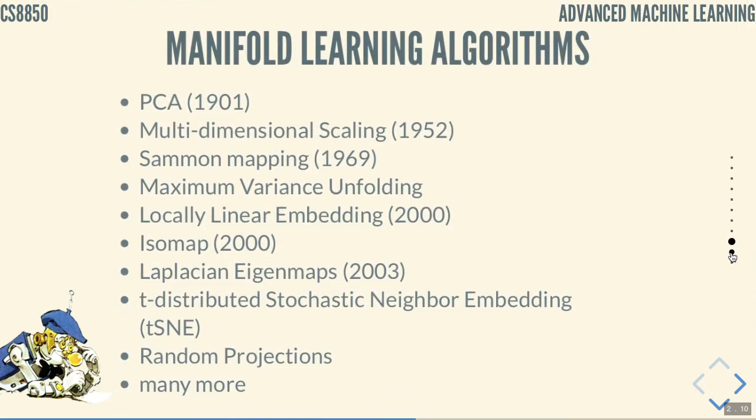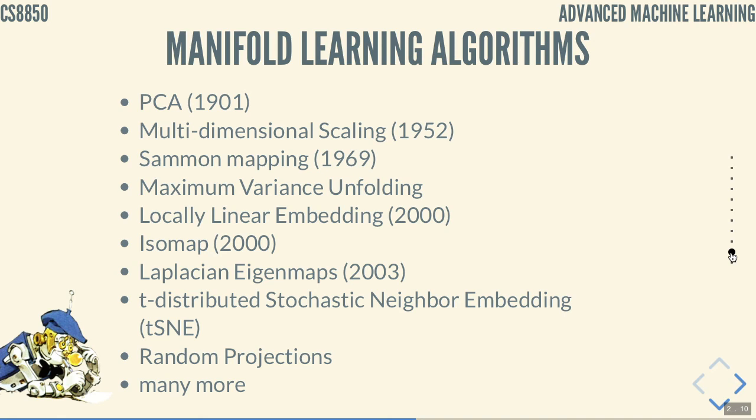There are lots and lots of algorithms for manifold learning. PCA is one of the simplest algorithms. The algorithm is beautiful, of course, but it is learning a linear surface or hyperplane. Then there is multidimensional scaling that we will consider, and Sammon mapping that is part of it, or very related.